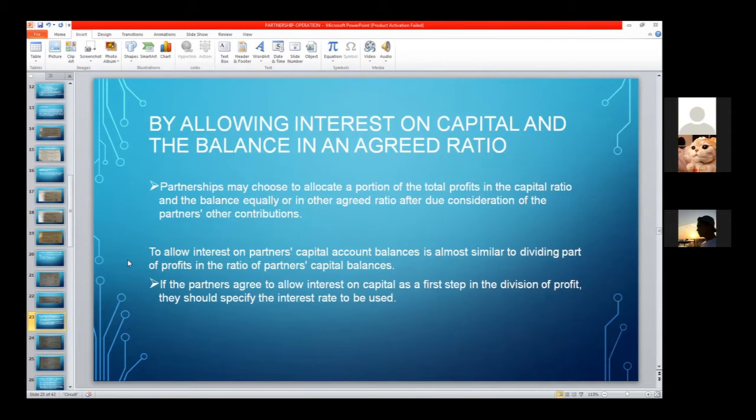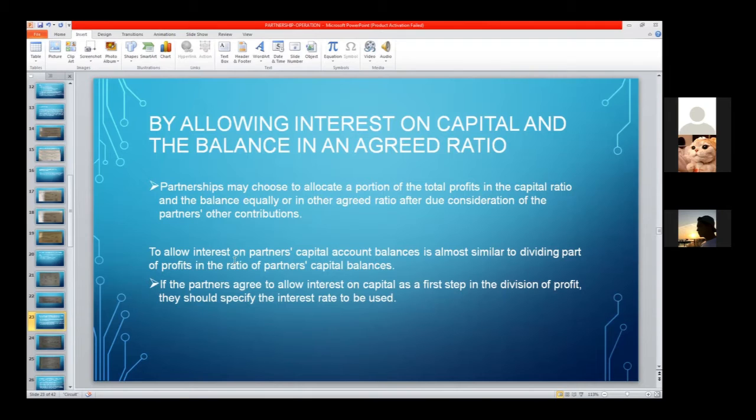So next naman is by allowing interest on capital and the balance in an agreed ratio. So partnerships may choose to allocate a portion of the total profits in the capital ratio and the balance equally or in other agreed ratio after due consideration of the partners' other contributions. So to allow interest on partners' capital account balances is almost similar to dividing part of profits in the ratio of partners' capital balances.